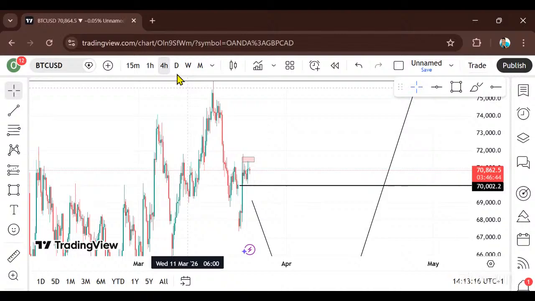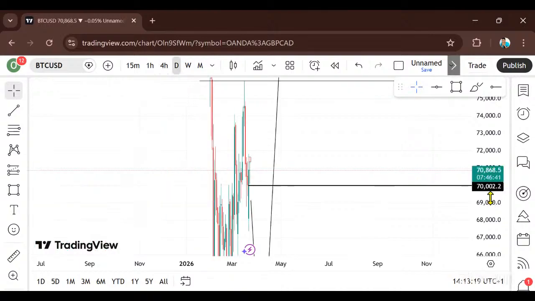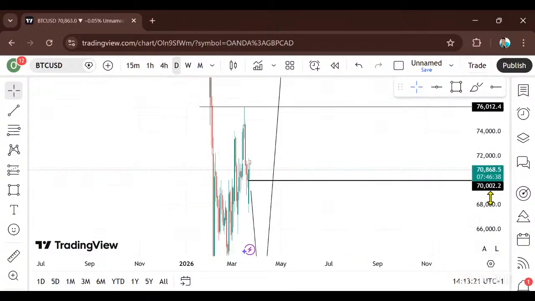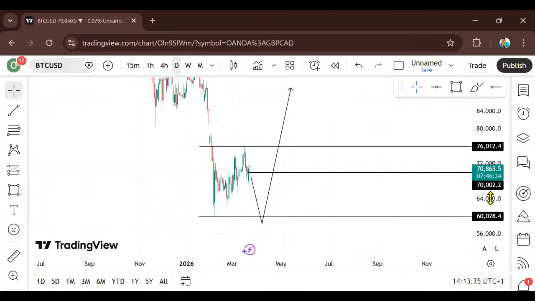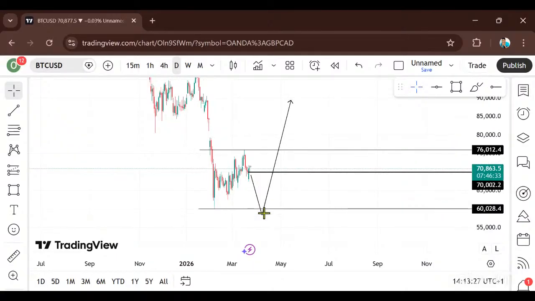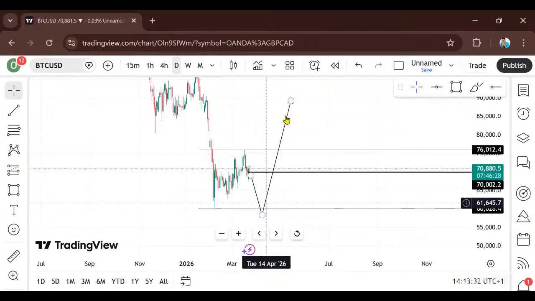All right, so I'm expecting BTC to come and take out this low. Exactly. Okay, I'm expecting BTC to come and take out this low. So once that low is taken, we do what? We head over to the upside.